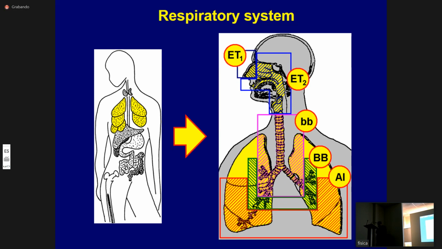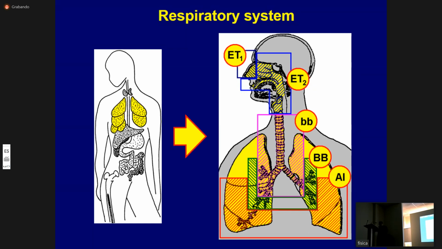The bronchiolar region, bb, the small one, which includes the airways from the bronchial walls to the terminal bronchioles included.